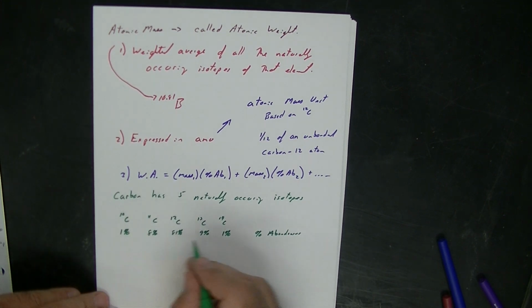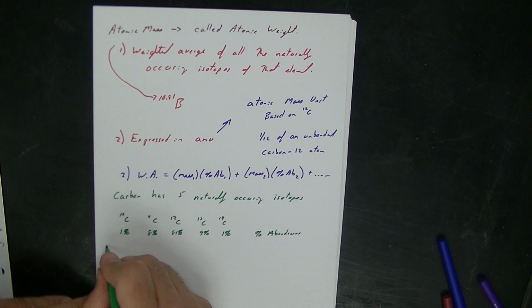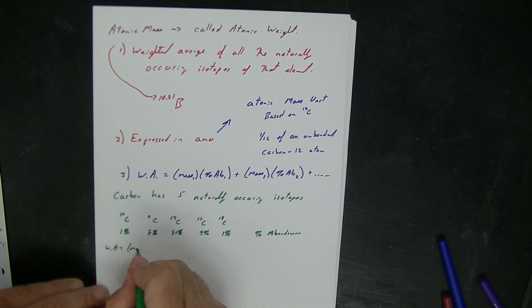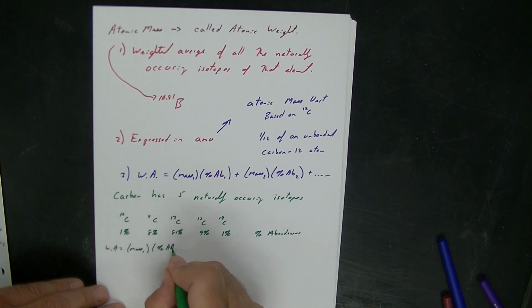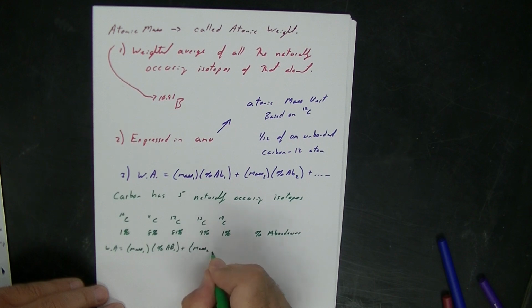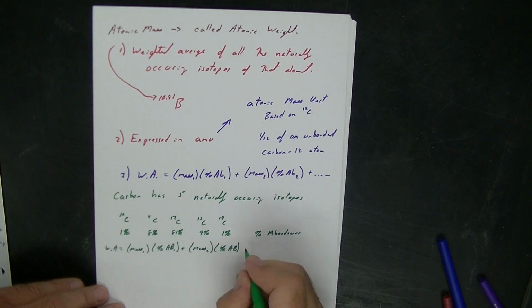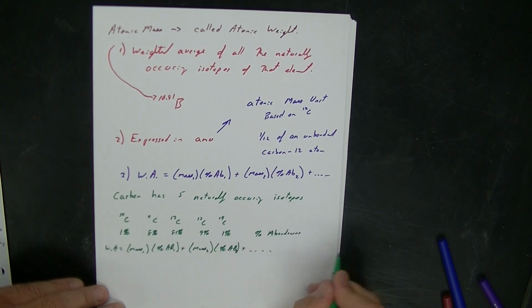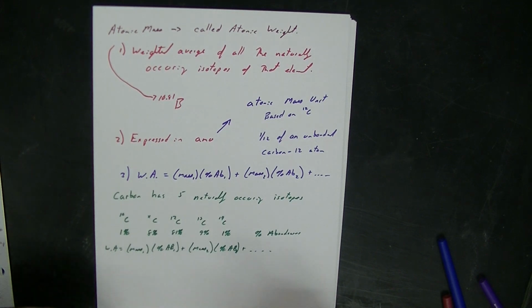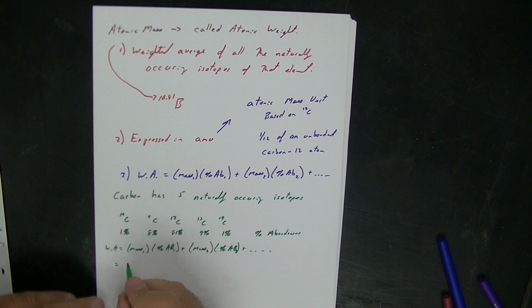Well, our weighted average is equal to the mass of the first isotope times the percent abundance of the first, plus the mass of the second times the percent abundance of the second, plus, and I could write it all out, but I'm not going to.